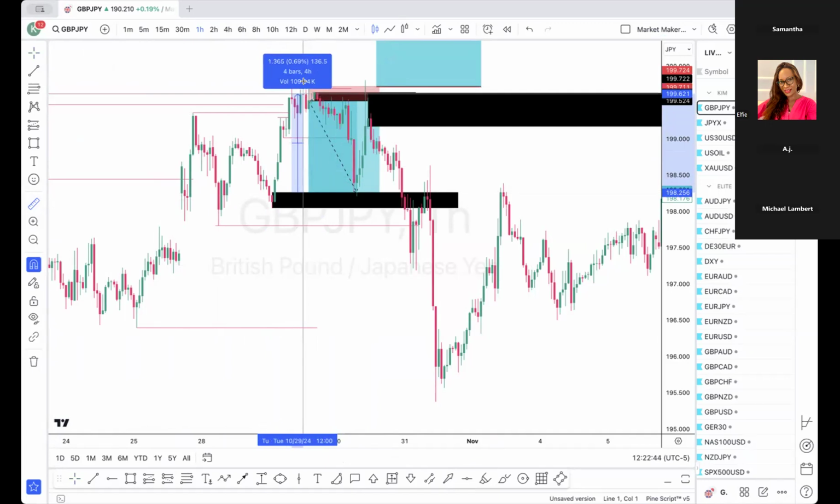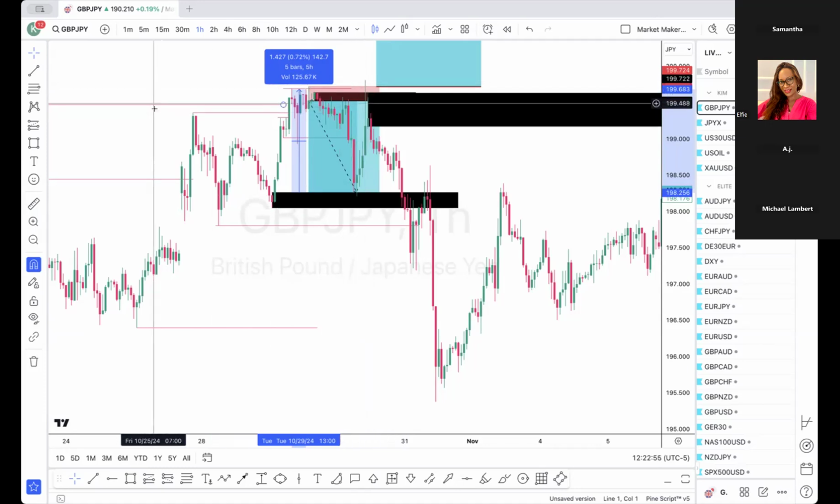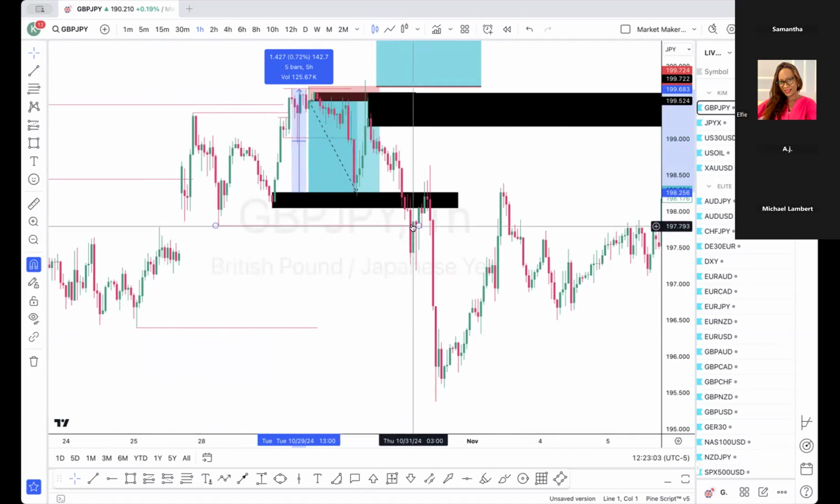How many pips was that? 142 pips. And like I said, it did just that. So for me, whether it came up here or not, it's still bullish until it breaks this zone.